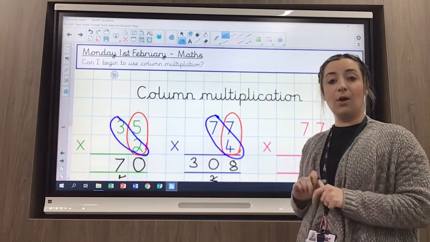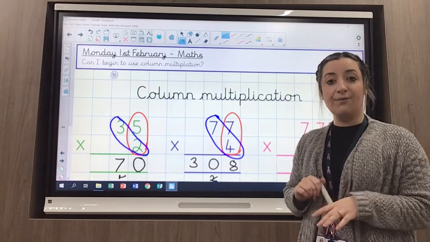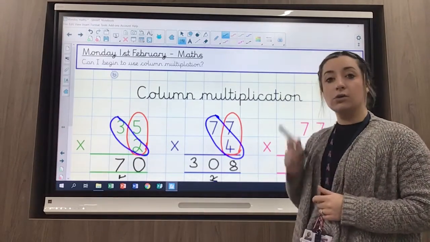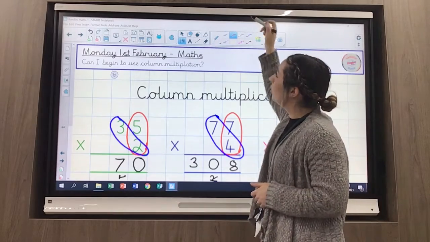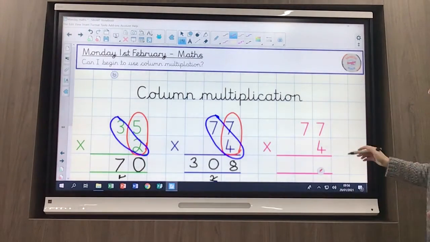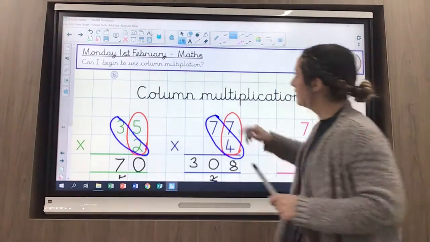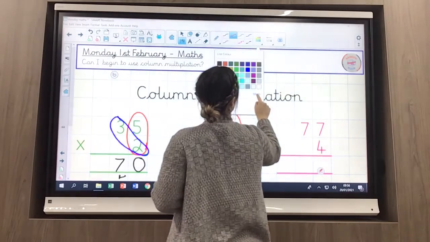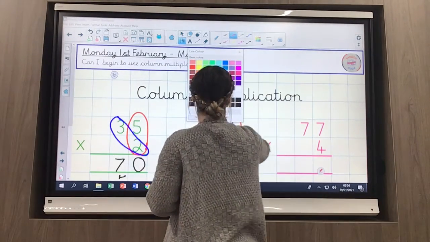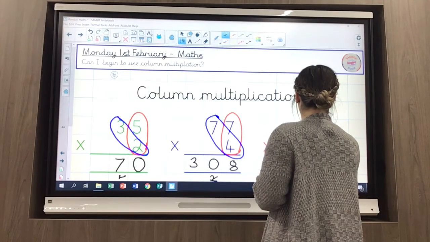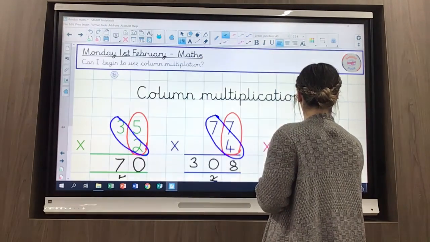Finally, we're going to go on to the pink one, our final one of our guided column multiplication for today. So straight away, you need your first colour. Mine's going to be my red for the ones. So, I've just noticed that I've done the same multiplication sentence. So let's just change the numbers that I've got.